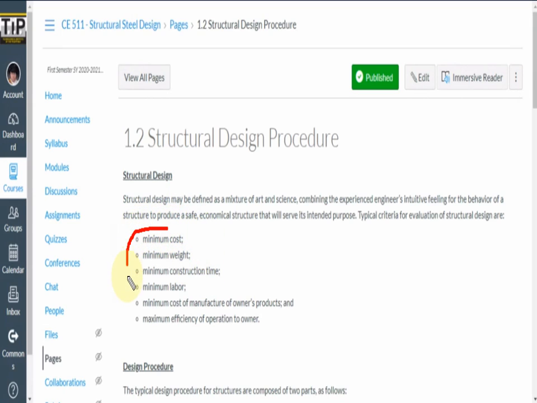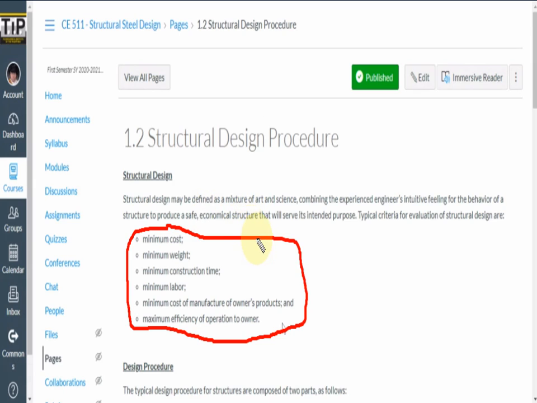Okay, because if you remember the formula for the base shear is a function of the weight of the structure, and they are directly related. So meaning, if you have more weight, the base shear will be more. If you have less weight, the base shear will be less.